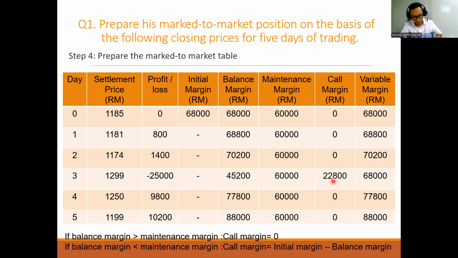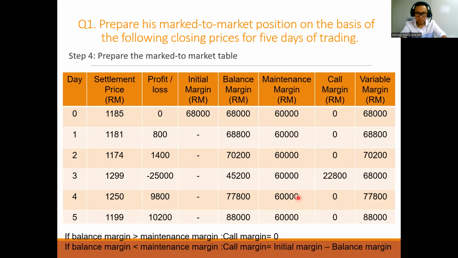Okay, so 68,000 minus 45,200, so you akan dapat 22,800. Okay, so the balance now is getting back to the original 68,000.